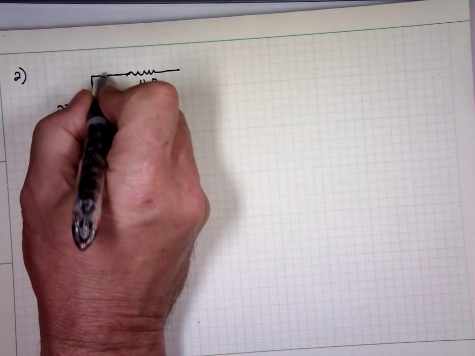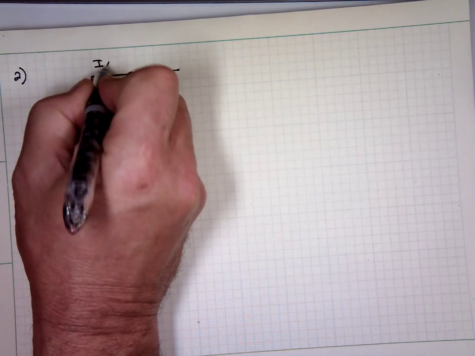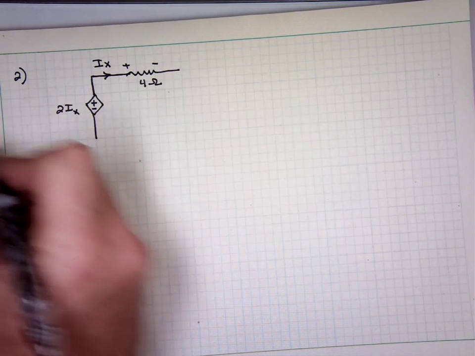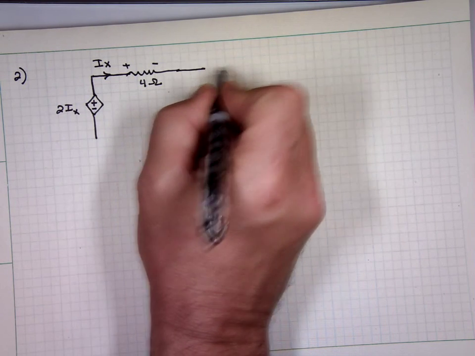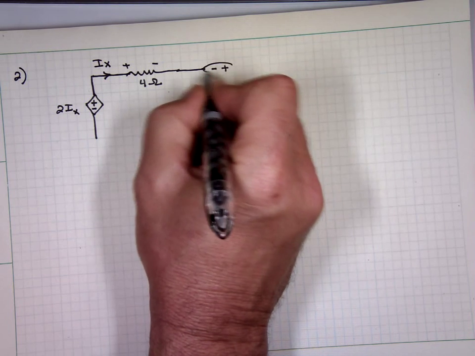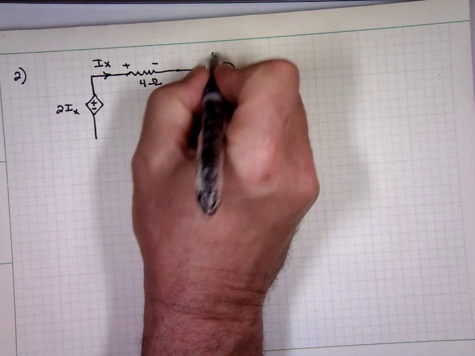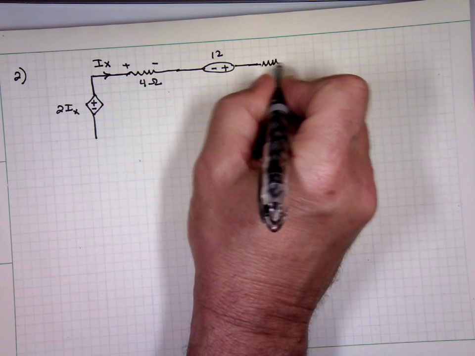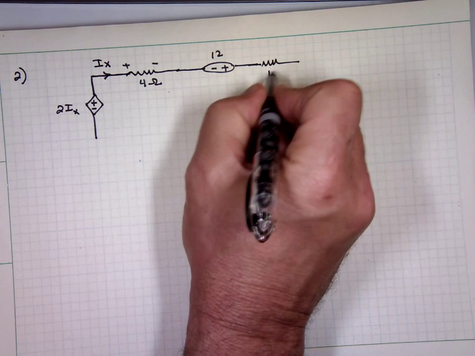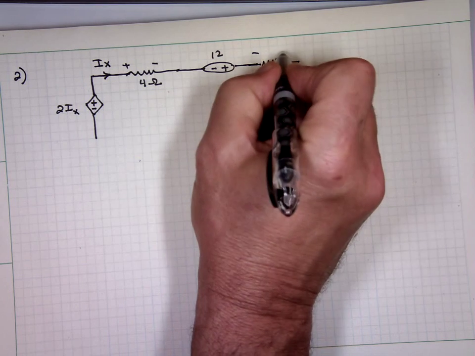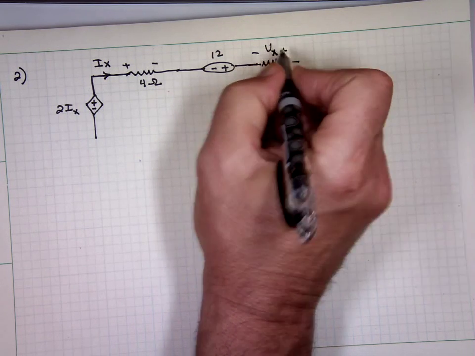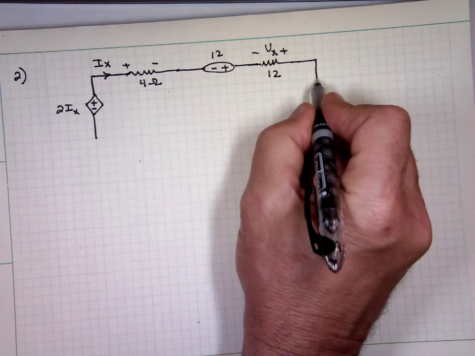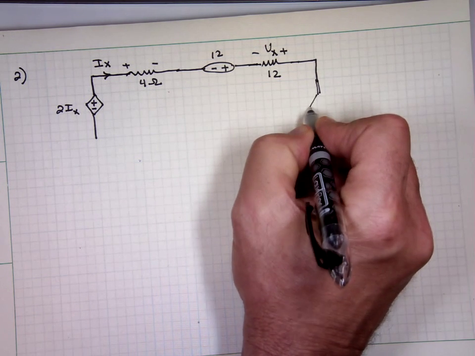We have I sub x entering that direction. That means we're going to mark that resistor plus to minus. We have a voltage source here of 12 volts. And we have 12 ohms, and we label Vx here in this direction. And there's another voltage source here.